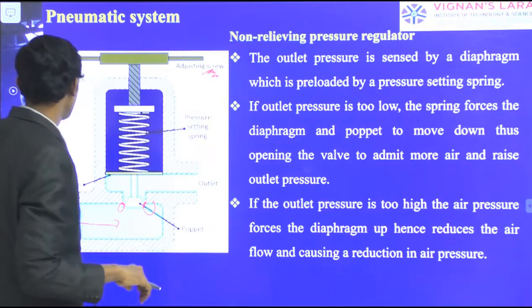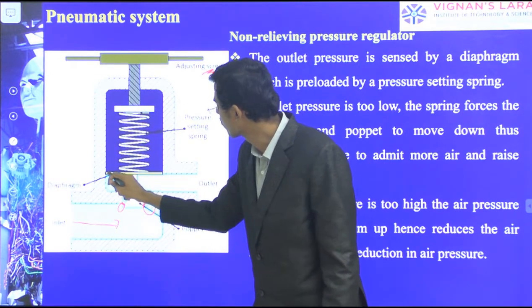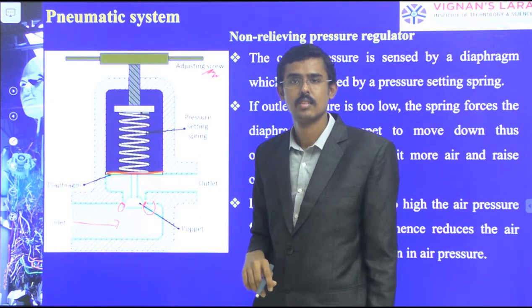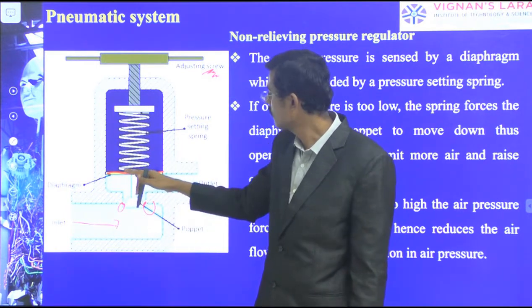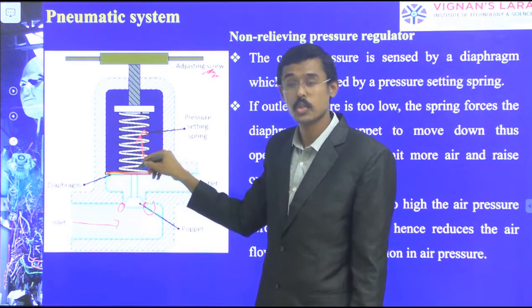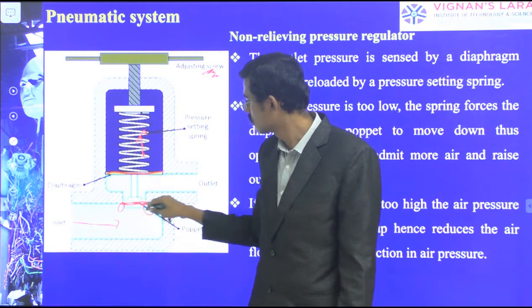What happens here, you see, here we have a diaphragm. When more flow occurs, the opening is more, and the diaphragm, by the spring return action, goes to push up. If it is pushed up, what happens here? This will be closed.